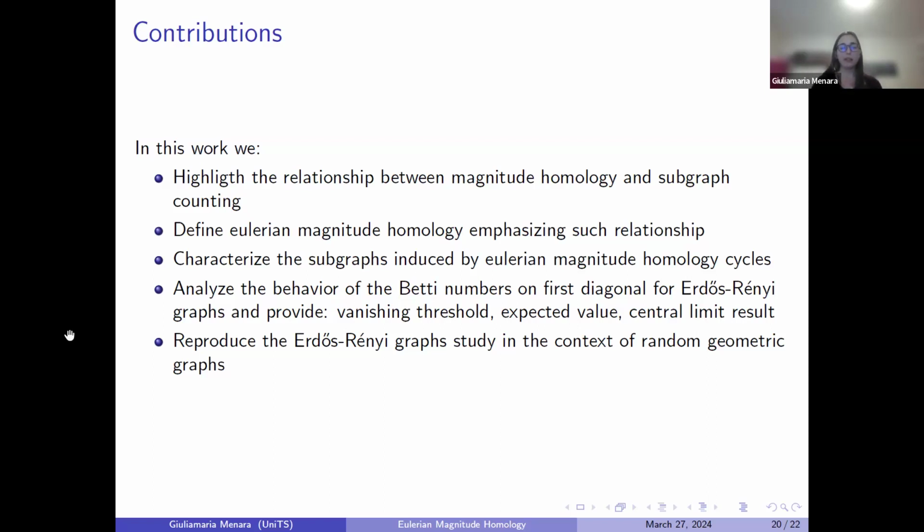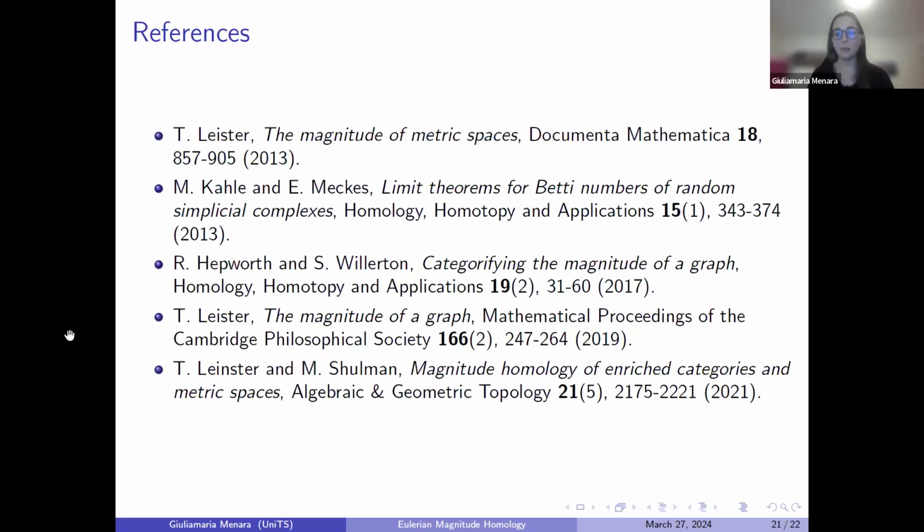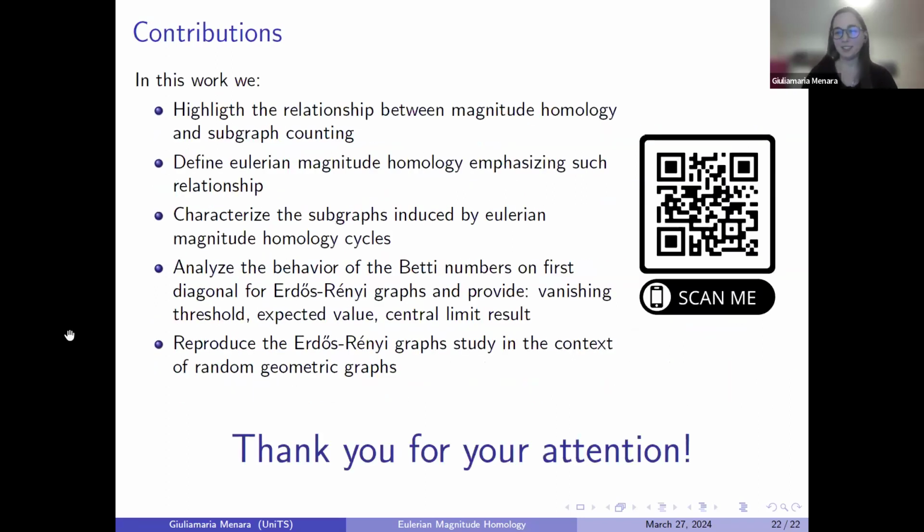Then we provided a characterization for subgraphs induced by Eulerian homology cycles. And finally, we analyzed the behavior of Betti numbers of the first diagonal, both for the Erdos-Renyi model and the random geometric graphs. And these are the main references we used in our work. And thank you very much for listening.